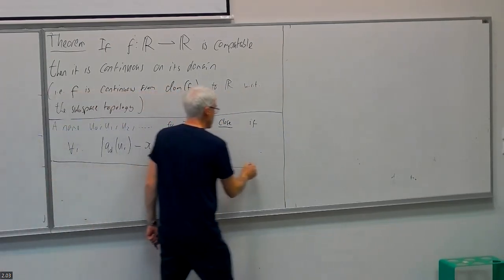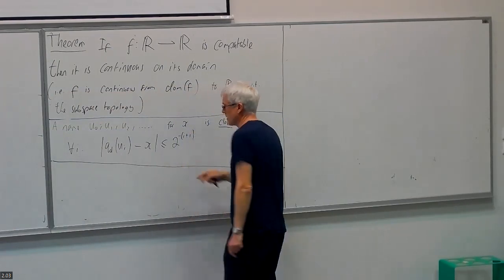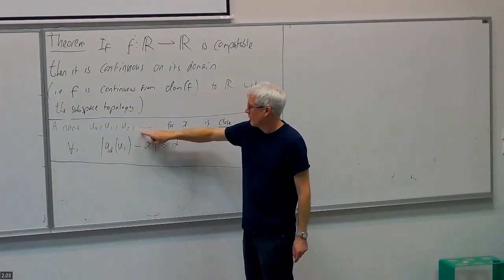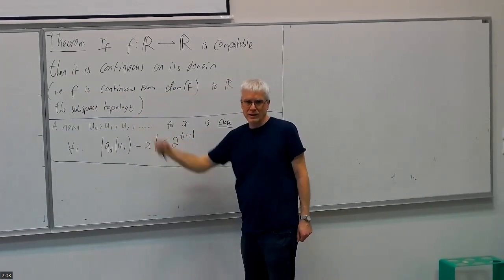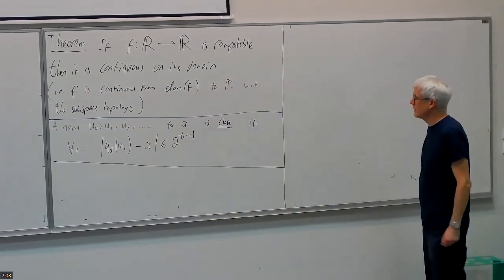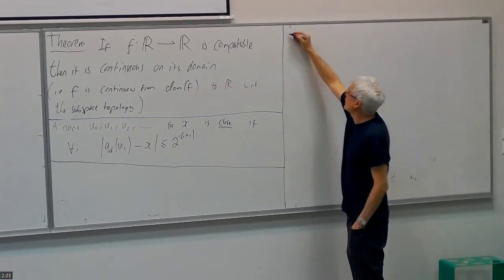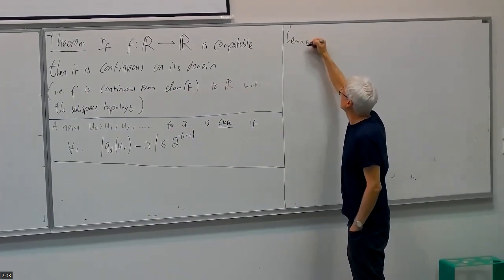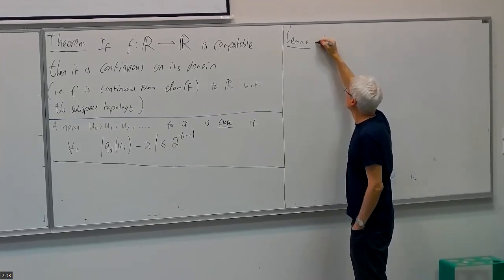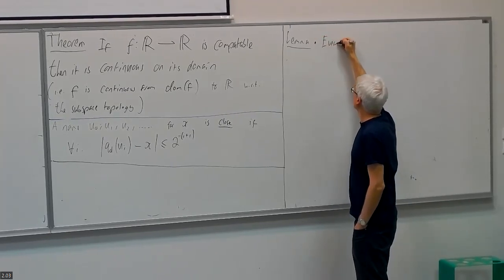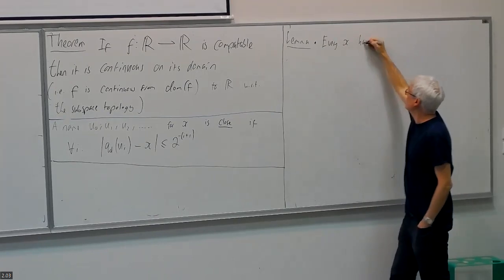So the rapid Cauchy property tells us how close these things need to be, but for a closed name, they're even closer than they need to be. And the lemma about closed names is that, firstly, every x has a closed name.